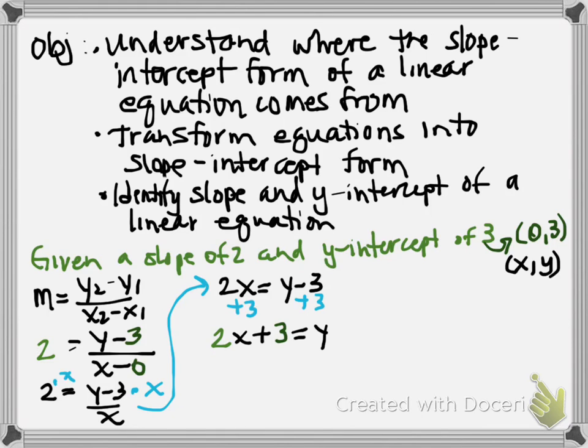Okay. And the identifying ingredient here is that the 2 was the slope that they gave me originally, and the 3 was the y-intercept that they gave me originally. So we would never write slope-intercept form that way. We would write it this way: y equals 2x plus 3.